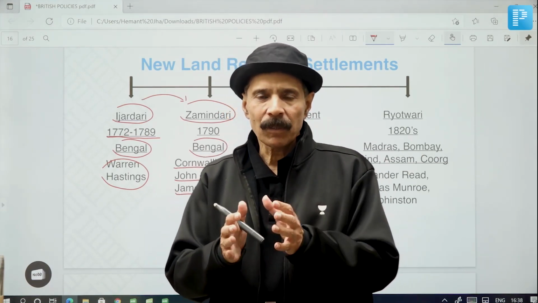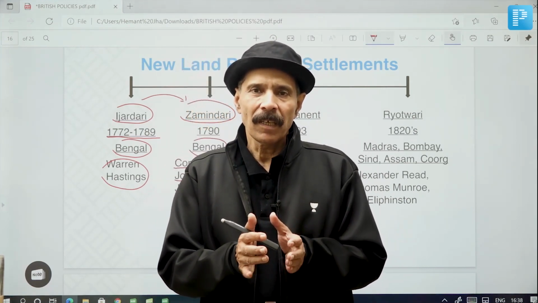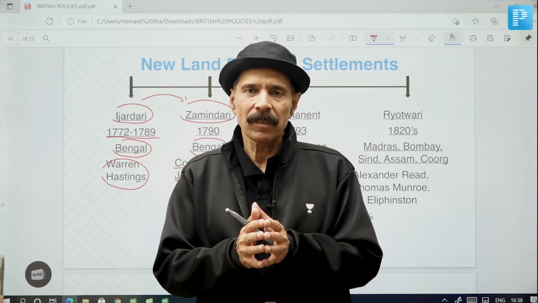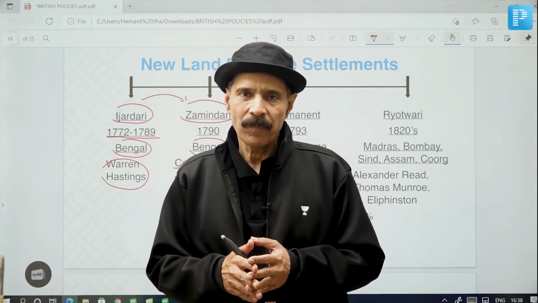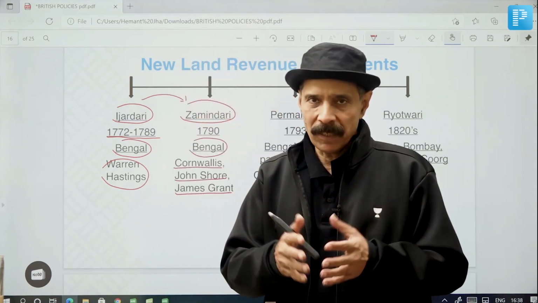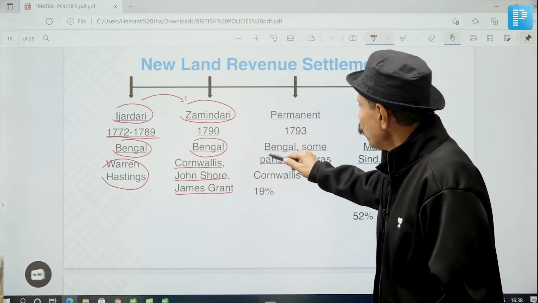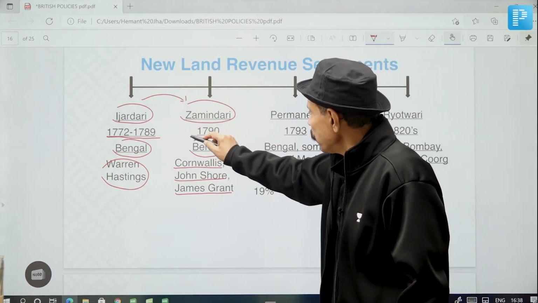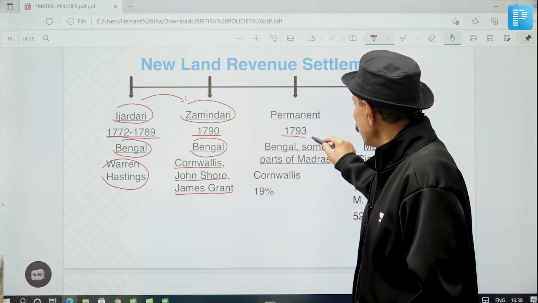Zamindars were supposed to collect rent from the peasants, and out of this, a fixed amount was to be paid to the company as land revenue. The zamindari system was made permanent in 1793. So what was introduced in 1790 was made permanent in 1793.